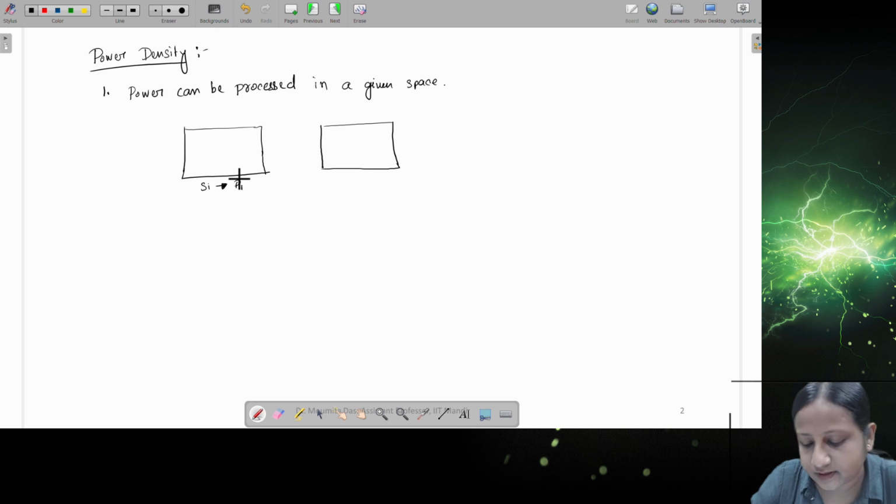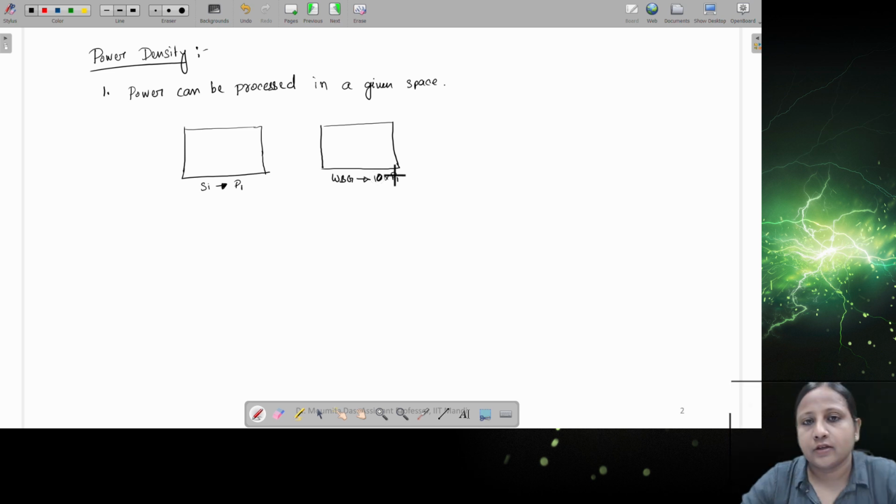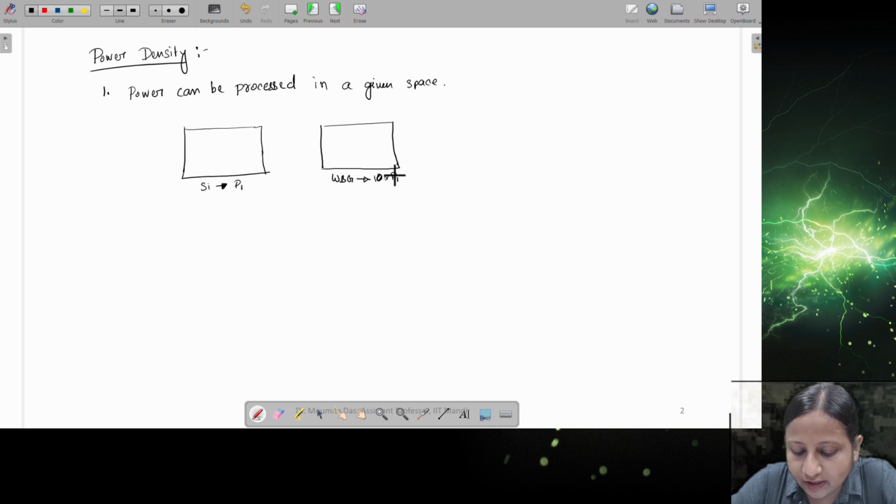And for wide bandgap devices, this can be processed in the same space at 10 times P1. This is just an example. So if in silicon P1 power is processed and in wide bandgap devices 10 times P1 is processed in that space, then we can say this is a high power density system, and that is what is desirable.